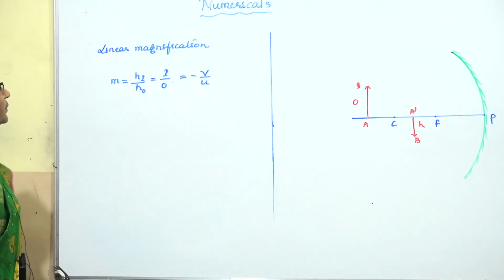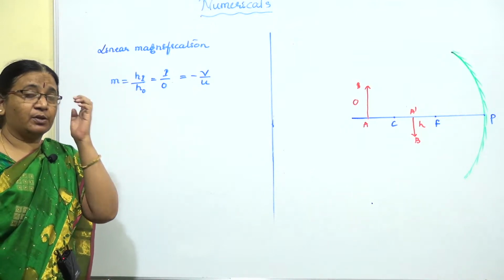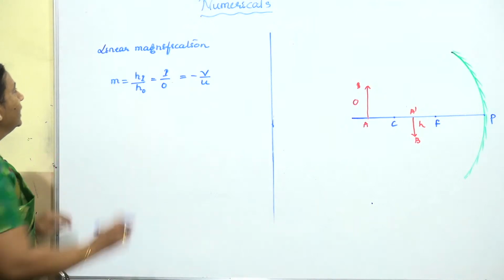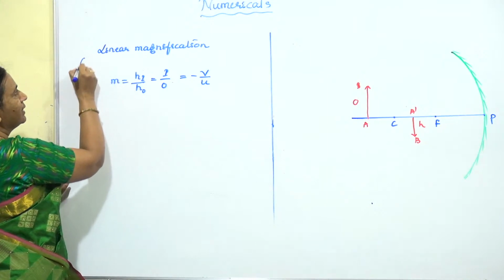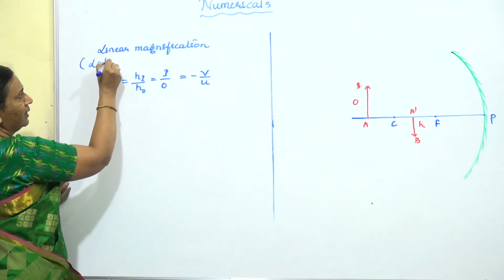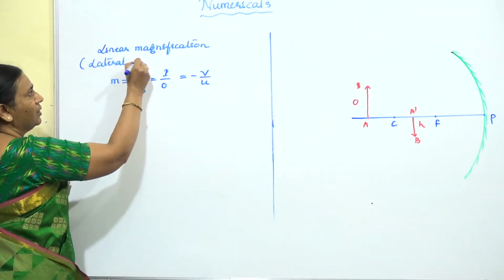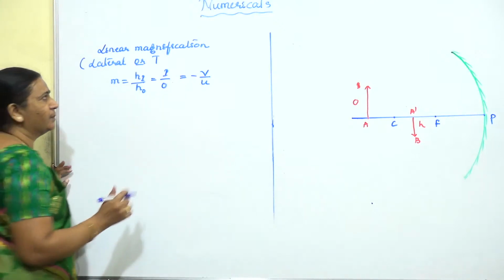Hope this is clear. Now, for this, there are two more terms. If you come across them somewhere in your objective questions while solving, let me make it clear. Linear magnification is also known as lateral magnification, or even transverse magnification, because it is perpendicular to your principal axis.